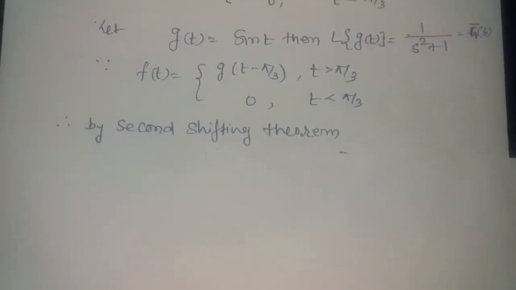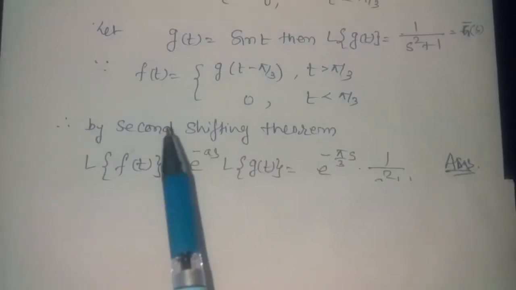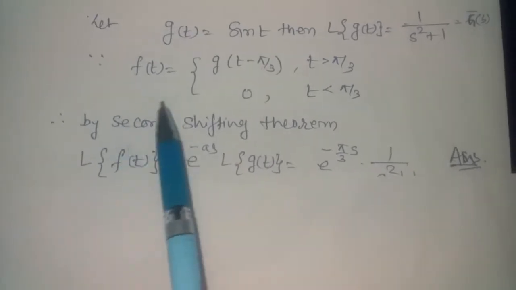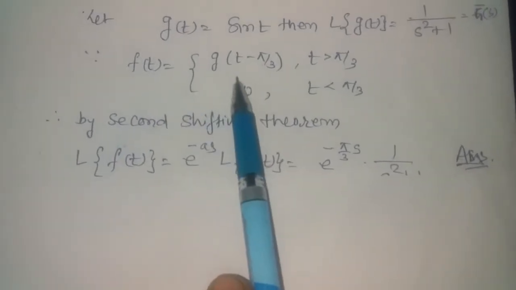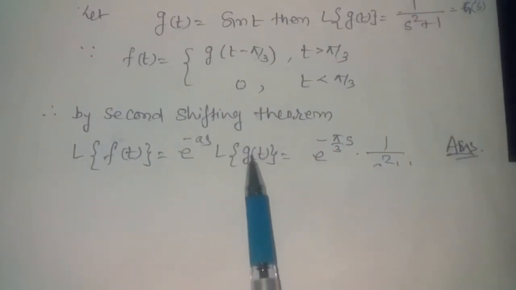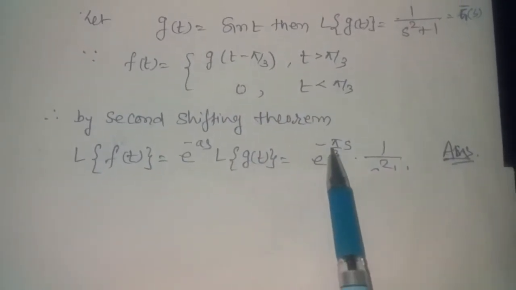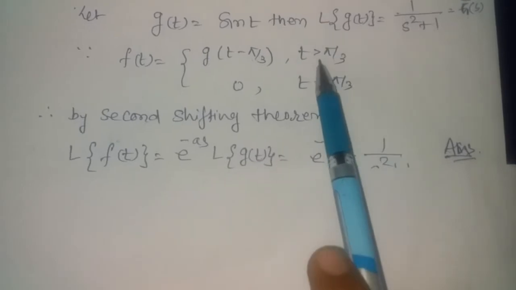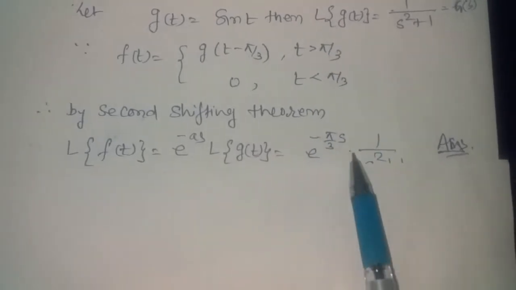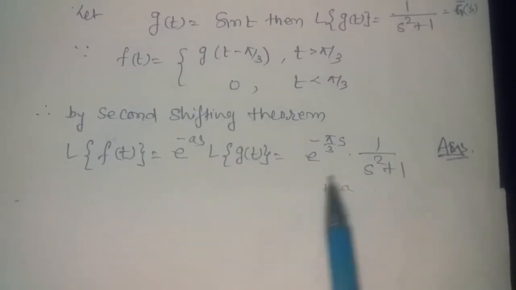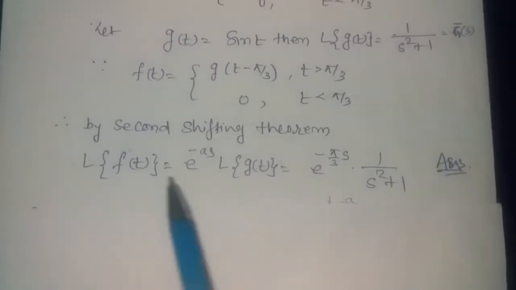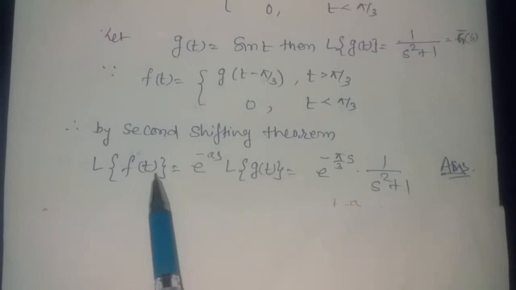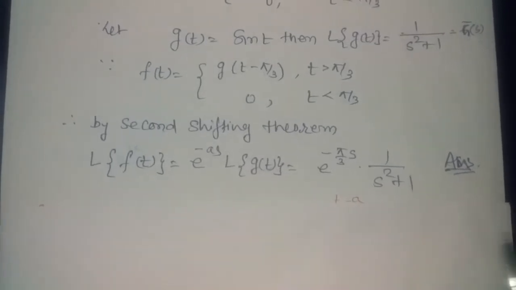So by the second shifting theorem, we get the Laplace transform of such function f(t) is e raised to minus as into the Laplace transform of g(t), which we get as e raised to minus pi s by 3, as a is pi by 3, into the Laplace transform of g(t), which is 1 upon s square plus 1. So this is the Laplace transform of the given function f(t).